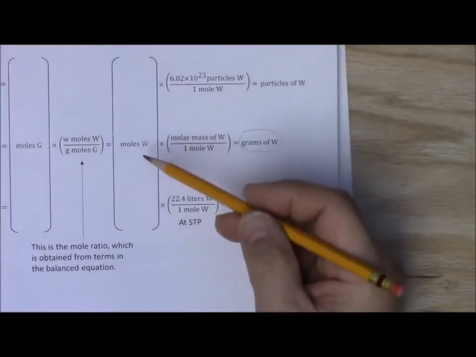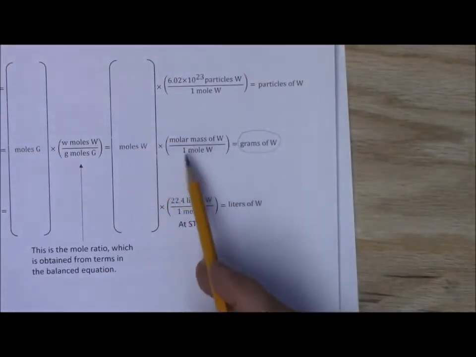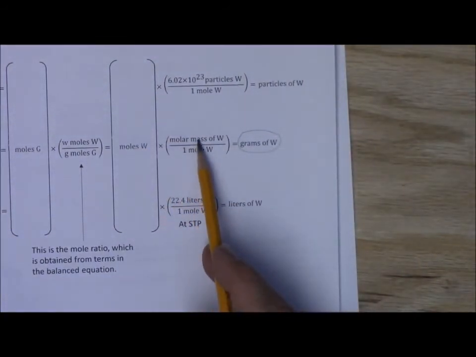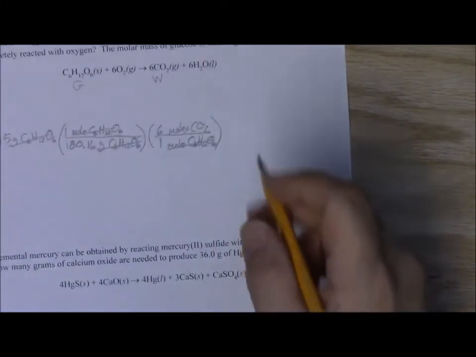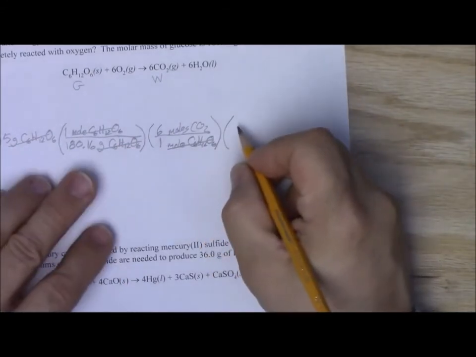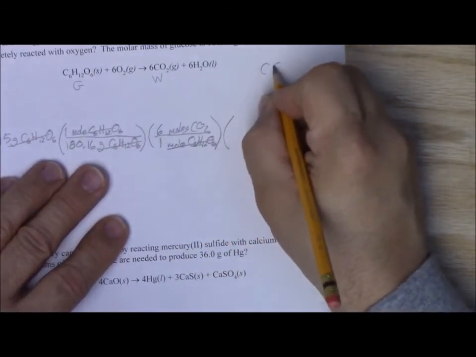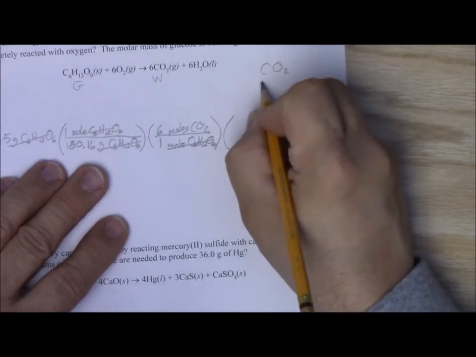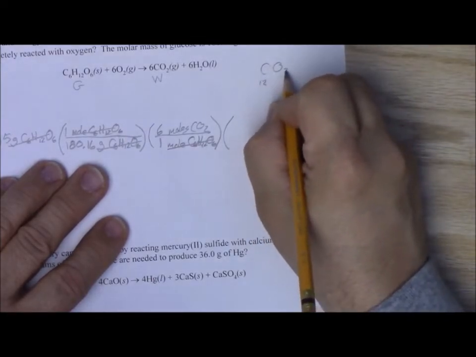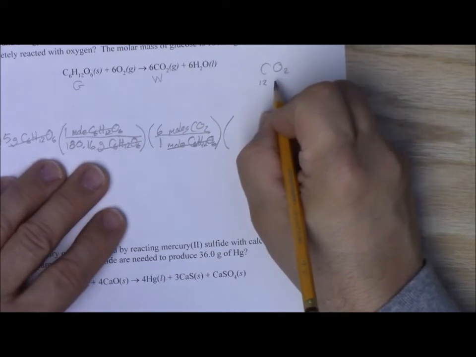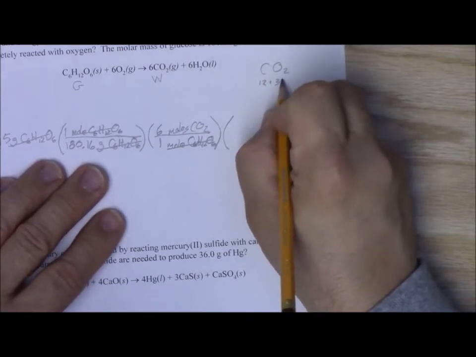Well, we have moles of CO2 now. If we multiply that by the molar mass of CO2 divided by a mole, that'll get us our answer. So let's multiply that by the molar mass of CO2. Let's see, CO2, the carbon is 12, oxygen is 16, but we've got 2 of them, so that's 32.